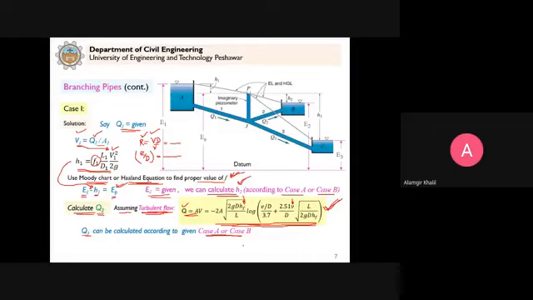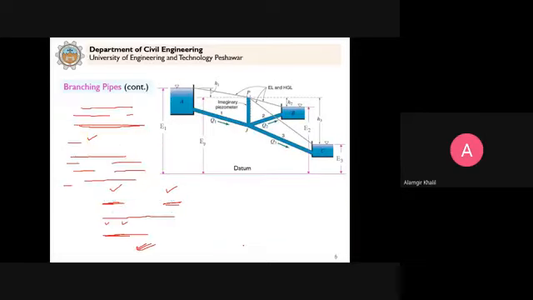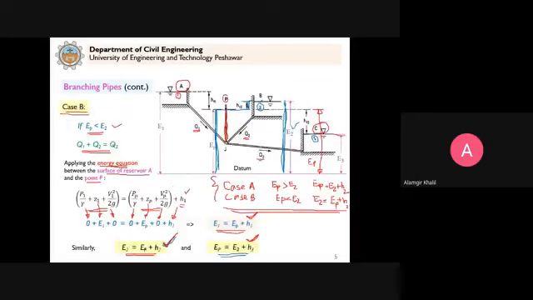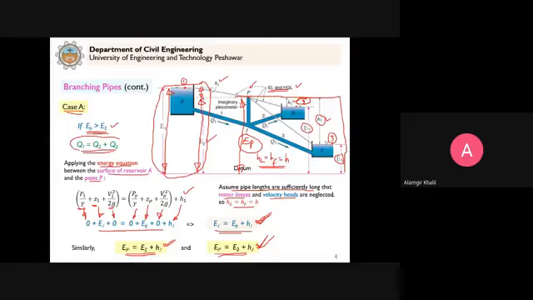Clear? So when we have case A, what is the relationship? If I go back, you saw that when we have case B, this is the relationship for case B. And if we have case A, then this is the relationship. Clear? In case A, you can calculate Q3 because Q1 and Q2 are known.